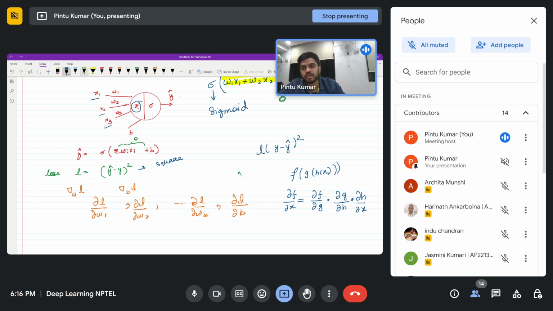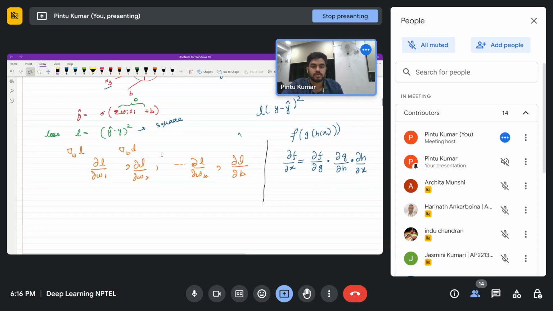This is what we used to do in order to find such a complex derivative. Let me give you an example. Let's consider a simple example where we have x squared plus 2, whole squared. You can see it as, let's say, h of x is x squared.